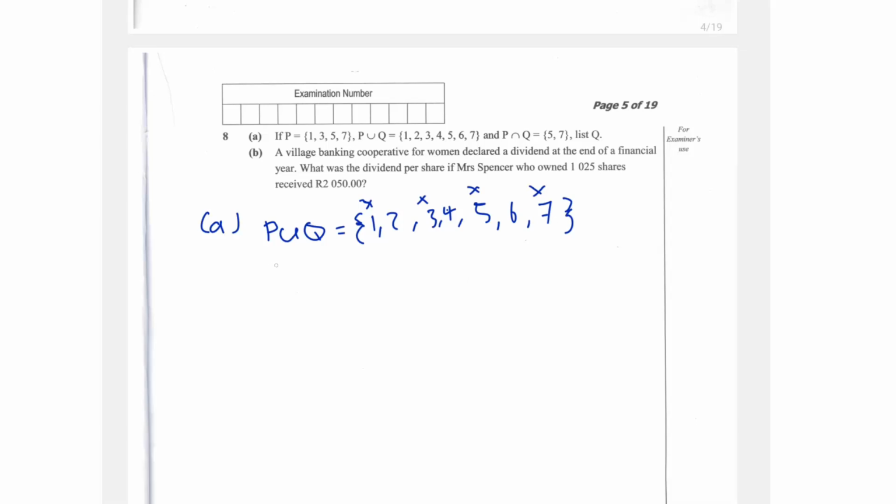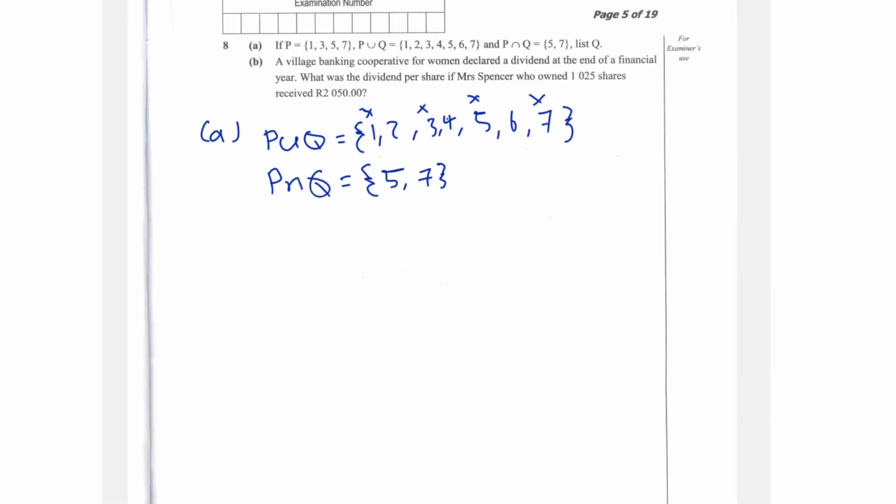Let's get the other set, which is the intersection set. The intersection set has elements which are found in both sets, P and Q. So from here, it means that 5 and 7 are also in Q. We can now list the elements which are in the set Q: 2, 4, 5, 6, and 7.